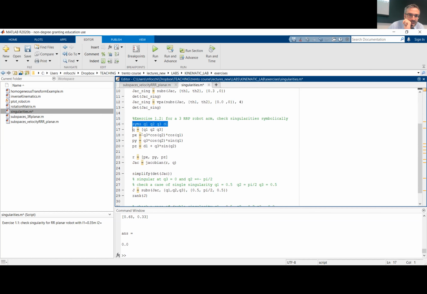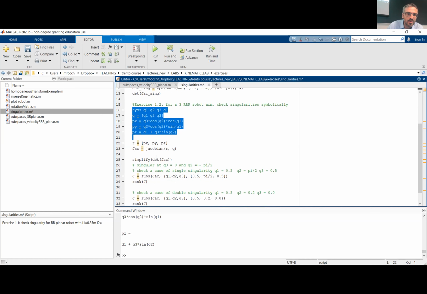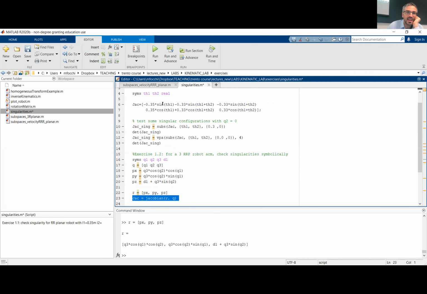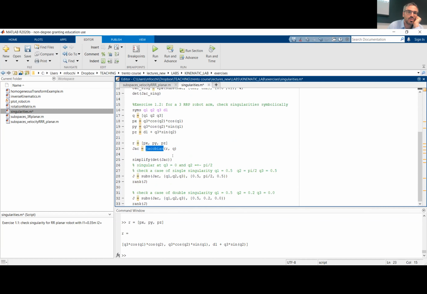Instead, for the RRP exercise, this time we define the forward kinematics. We define the task variable as a vector of px, py, pz. And instead of doing it by hand, as we did here, we can employ the jacobian function of MATLAB that does the partial derivative, computes the Jacobian matrix from vector r with respect to the vector q, and just spits out the Jacobian in a symbolic way.